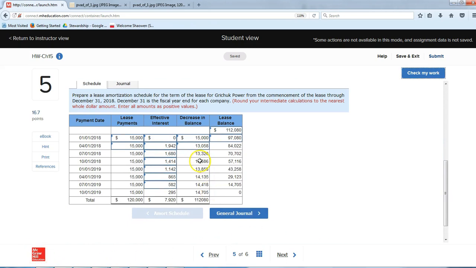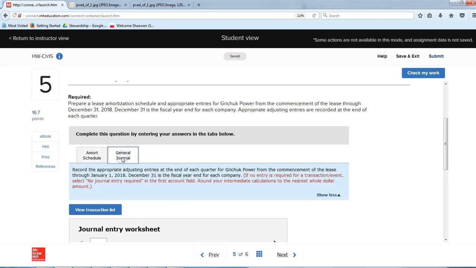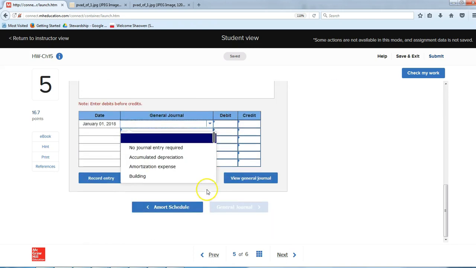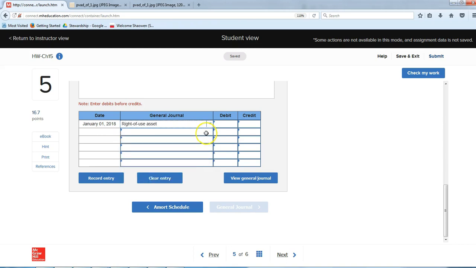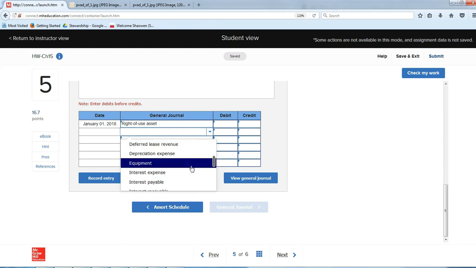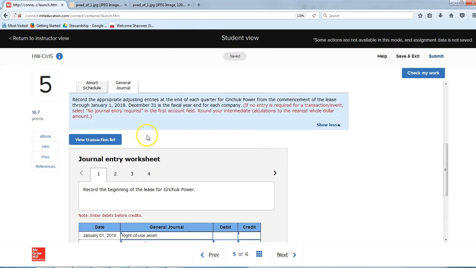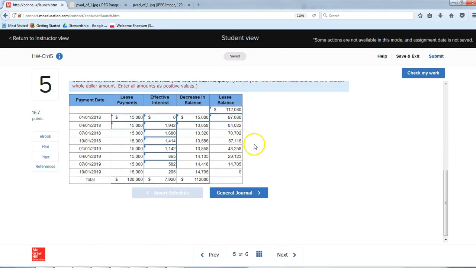So now we complete the amortization table. We can do the journal entries according to the amortization table. The first journal entry records the beginning of the lease for the lessee. The lessee received an asset called right of use, and it represents a liability, lease payable, for the beginning balance of $112,080.